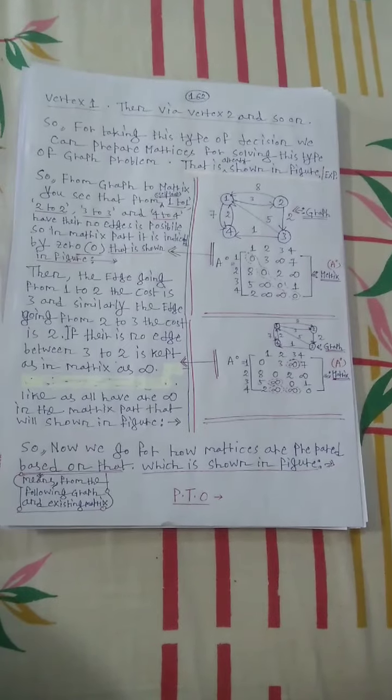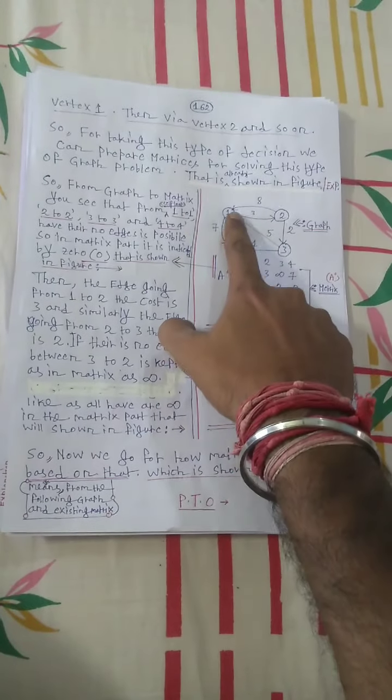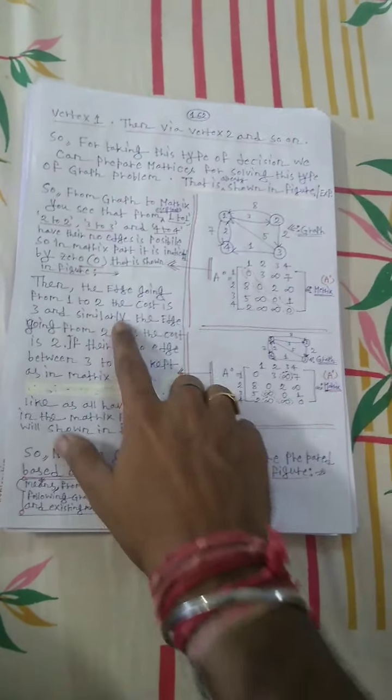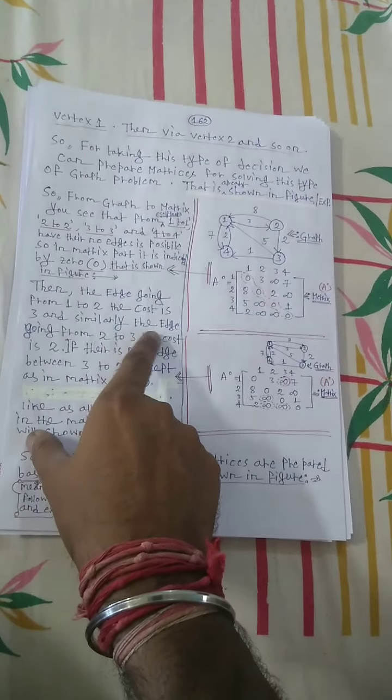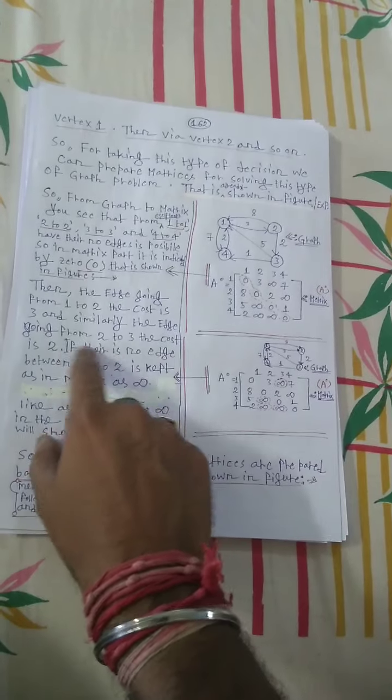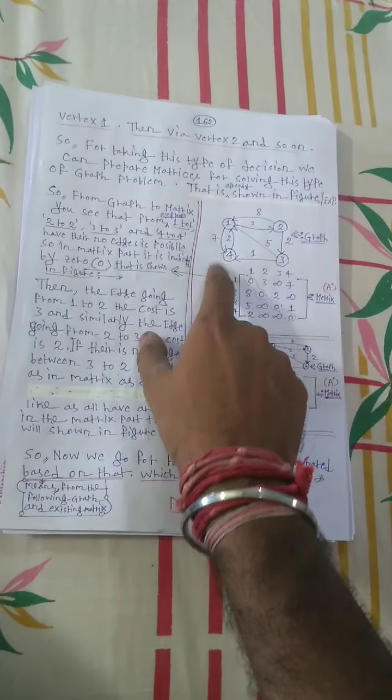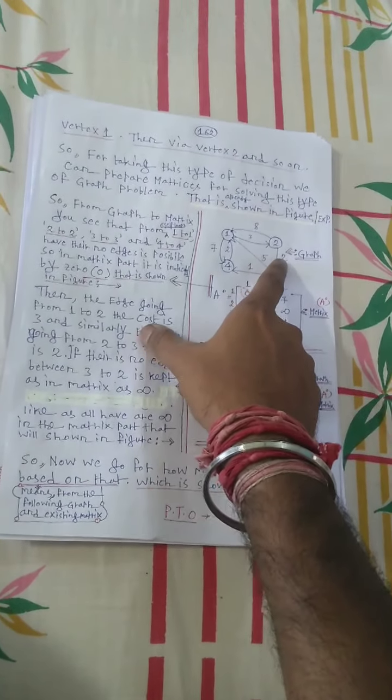Then the edge going from 1 to 2 has cost 3. Similarly, the edge going from 2 to 3 has cost 2.